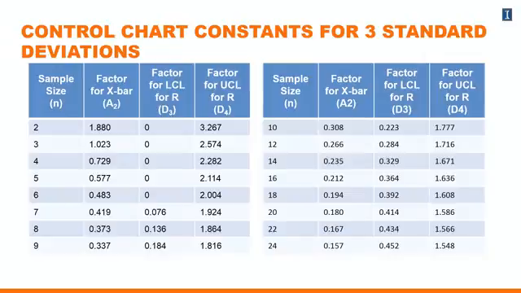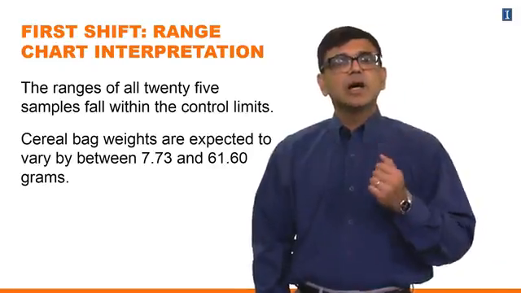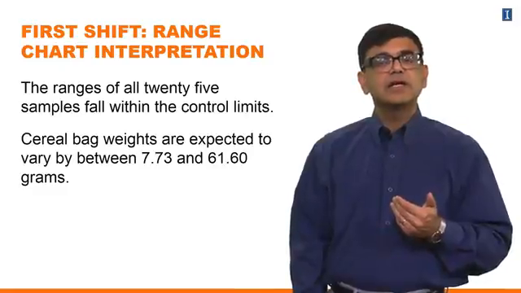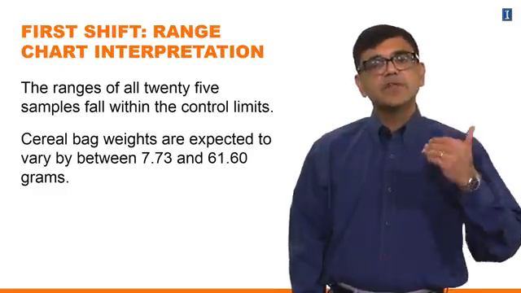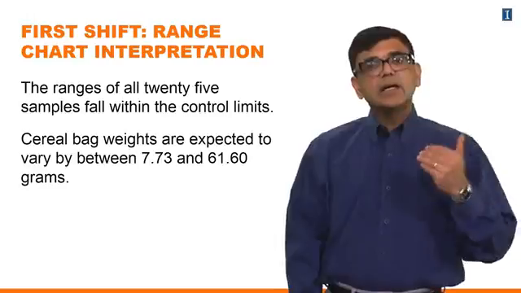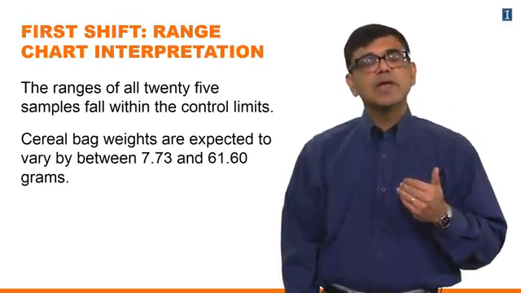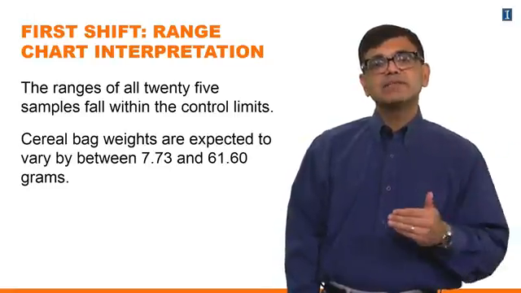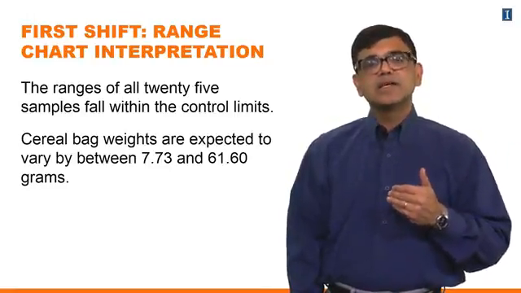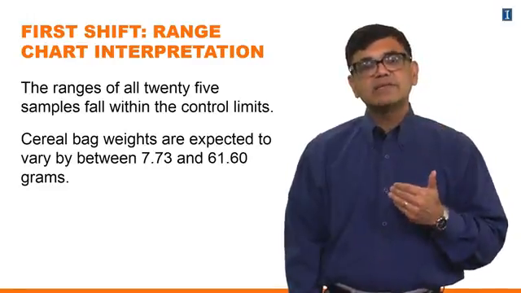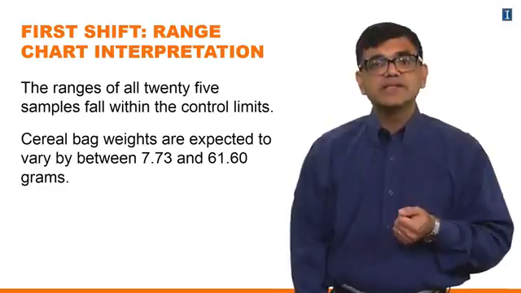All right, so coming back to the R chart that we've calculated for shift 1, what can you say from this R chart? Well, you go back to all of the range values that you have calculated for the 25 samples for shift 1, and what you'll see is that all of the values in terms of the range fall within 7.73 and 61.6. So the cereal bag weights are expected to vary by between 7.73 grams and 61.6 grams.